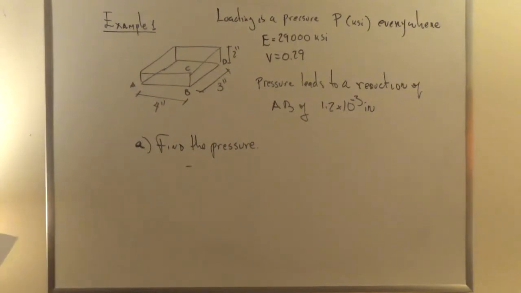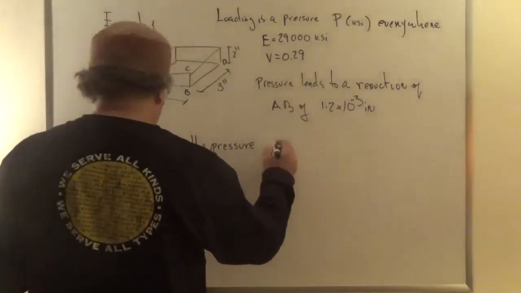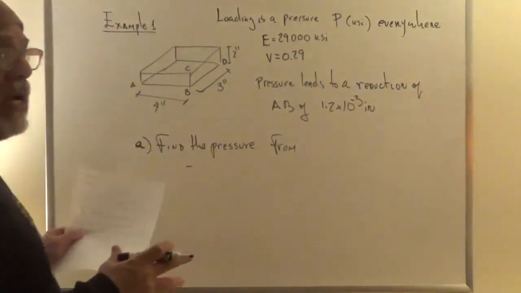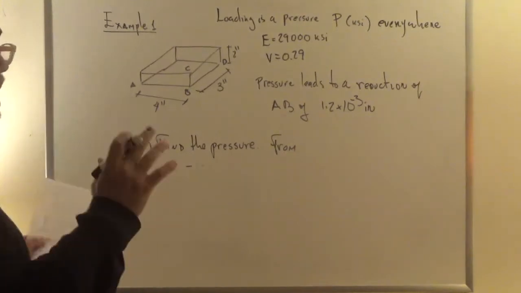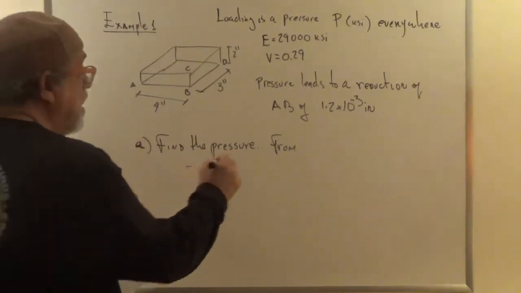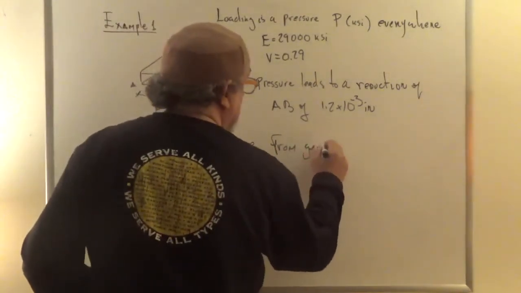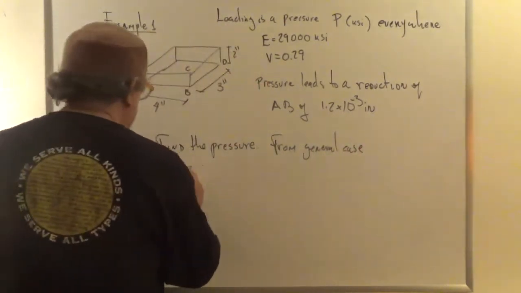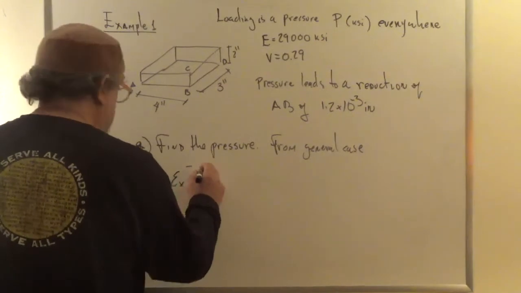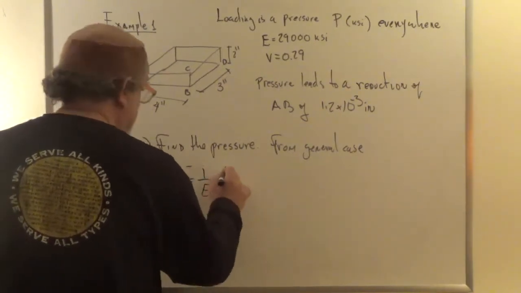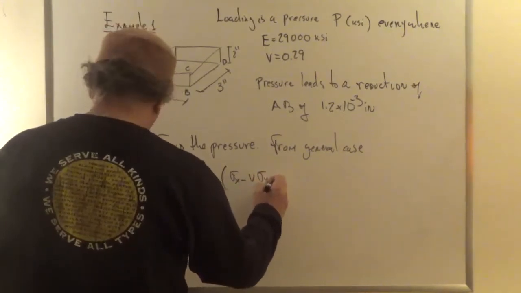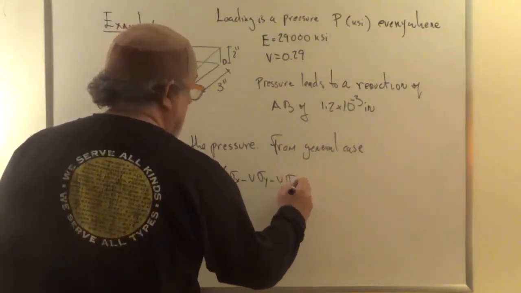All right, so you go to the general equations. Here we don't have to say plane strain, plane stress, nothing like that, right? This is just a generic case. So from the general case, we have epsilon x is equal to 1 over E multiplied by sigma x minus nu sigma y minus nu sigma z, right?